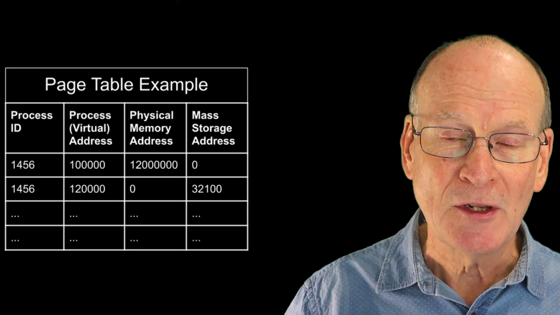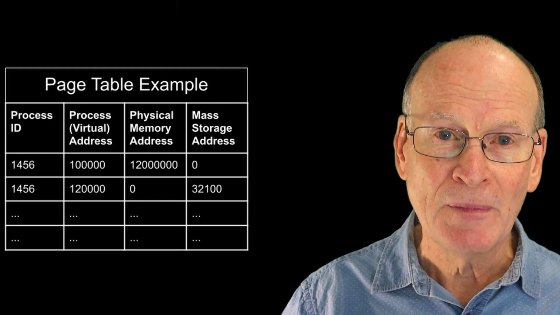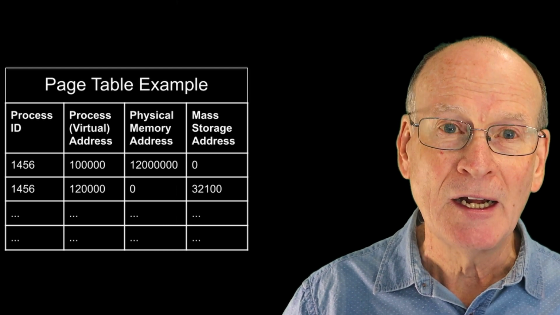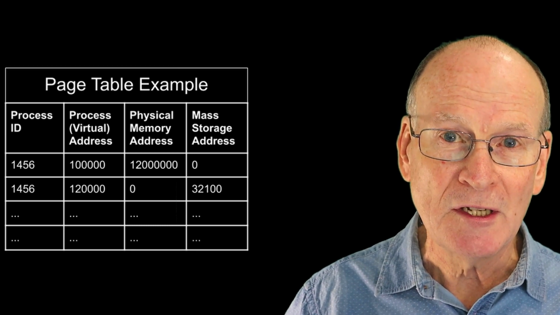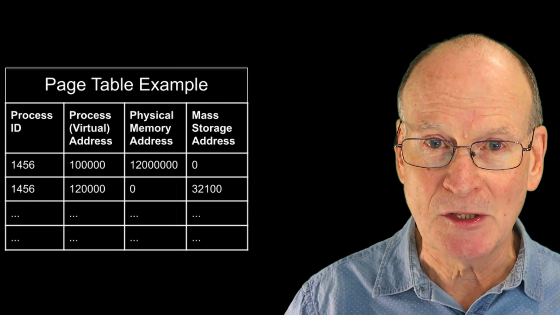Now, these blocks we call pages, and a page is usually small, for example 4096 bytes, in other words 4K, and the remapping works by having a table in the system in the memory that contains an entry for each of these pages, each of these 4K blocks, and an entry that maps the virtual address of the page used by the process to the physical address in the main memory, or an indication that the page is currently not in the memory but is stored somewhere on mass storage.